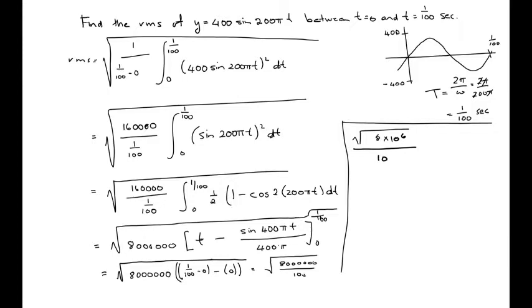And 8 is 2 root 2. The square root of 8 is 2 root 2. And the square root of 10 to the 6 is 10 to the 3. And that's over 10. So that then becomes, cancel, cancel. So that becomes 2 root 2 times 100.